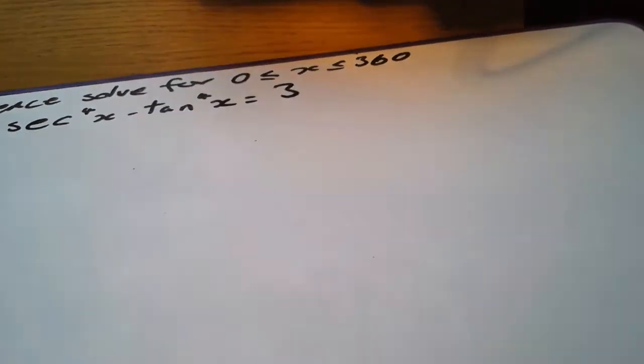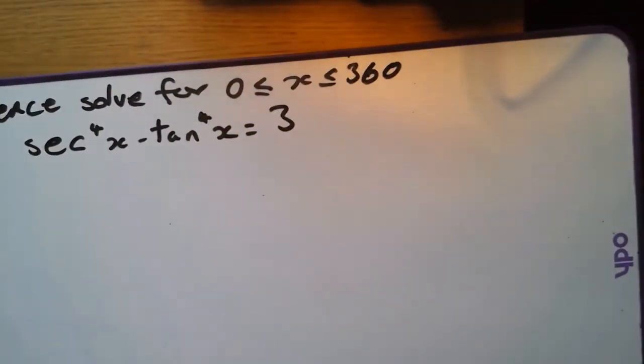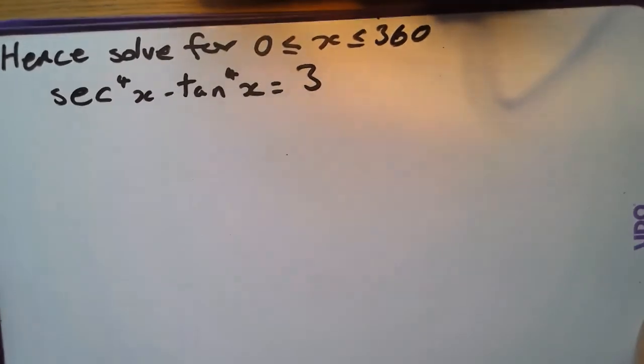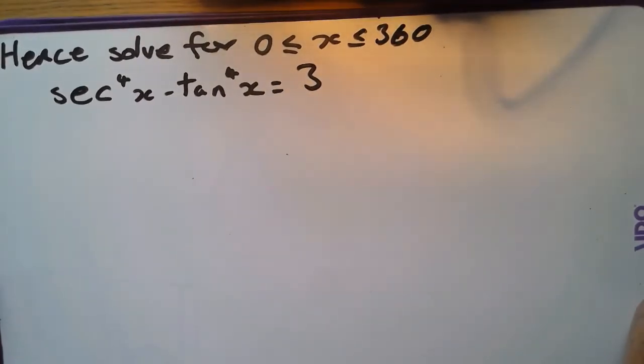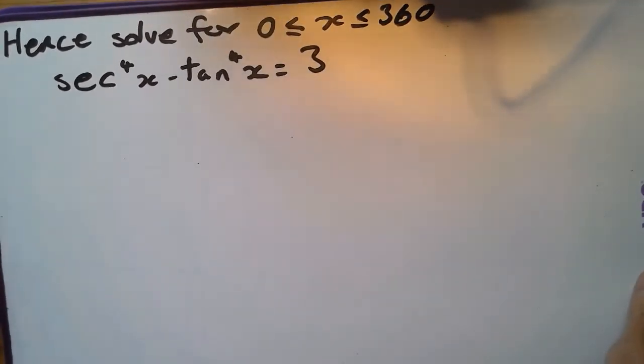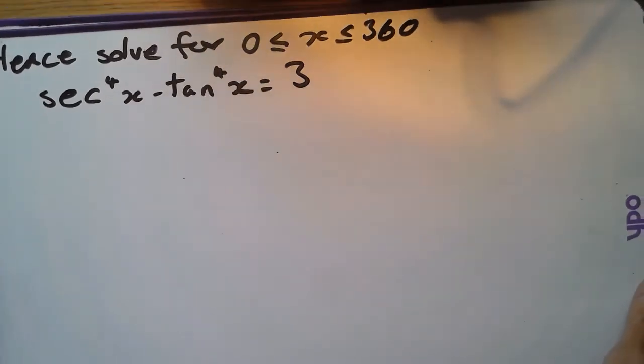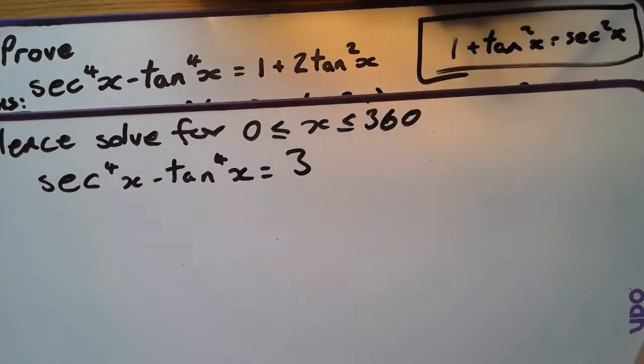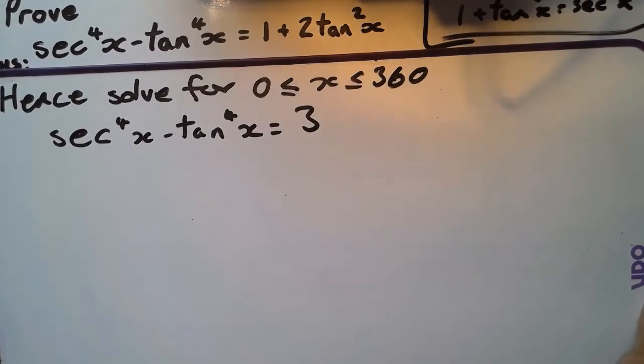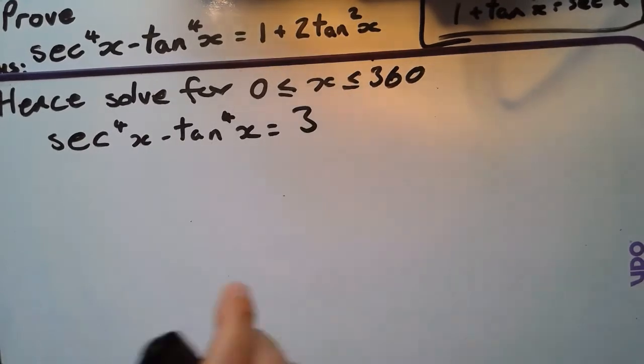The second part of the question goes on to say, hence solve for x between 0 and 360, sec to the power of 4x minus tan to the power of 4x equals 3. Now hence is always a big hint. There may be other ways of doing it, but it's saying use what you've previously done.